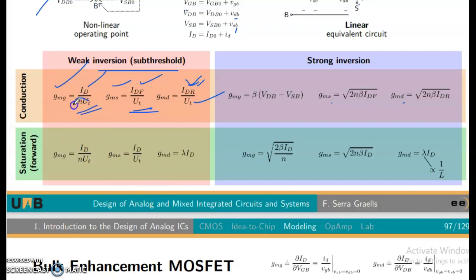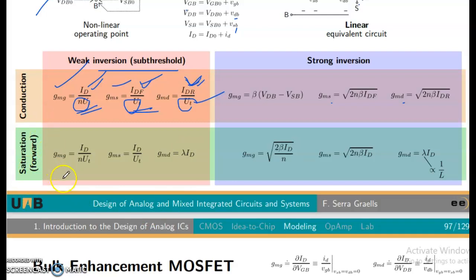This much nUT, this much ID. This much UT, this much ID forward current, the drain current in forward. Here this much in UT, and here this much drain current reverse.